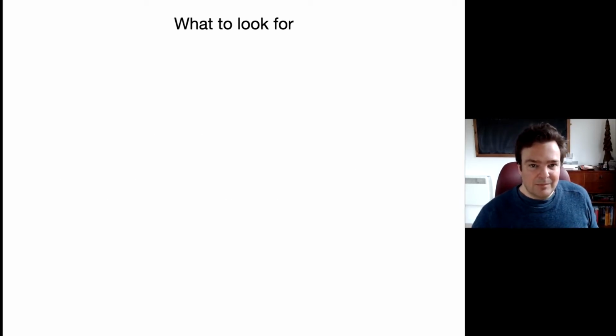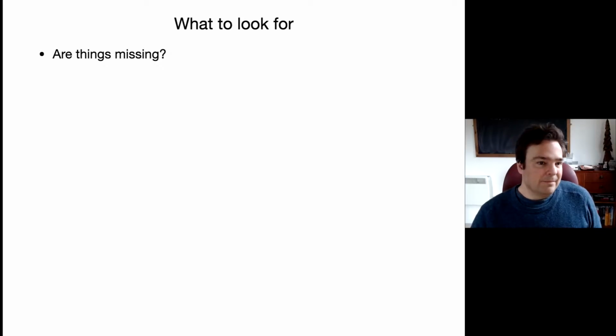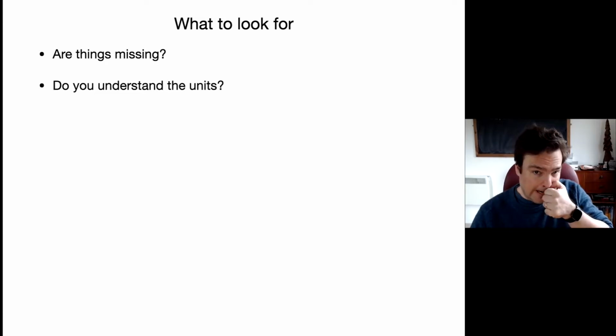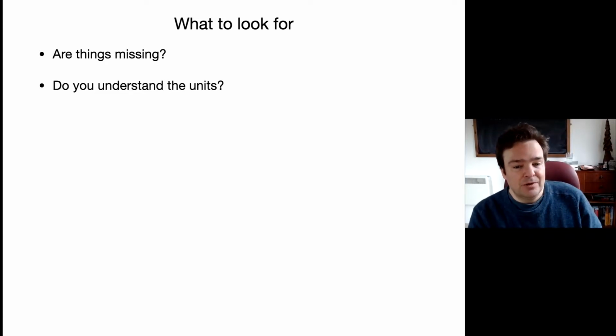All right, so some examples of things that you might want to look for when doing this. Are there missing values, or things that should have been blank but aren't, and are filled with something else, or any kind of trouble values like that? Do you understand the units of the data? And by units, I mean the physical units.